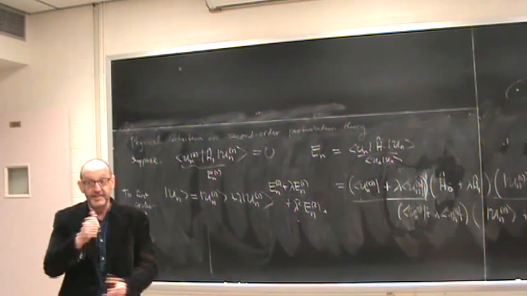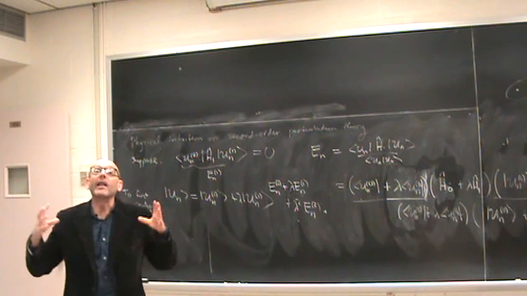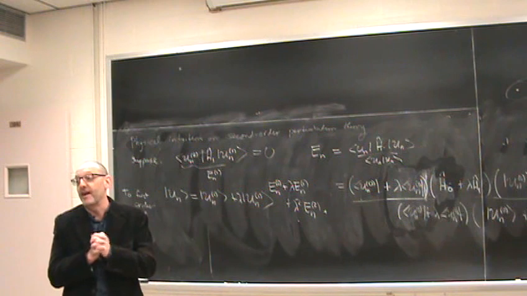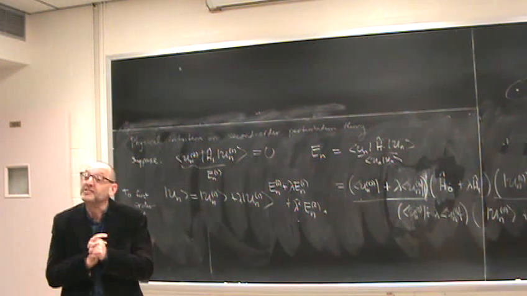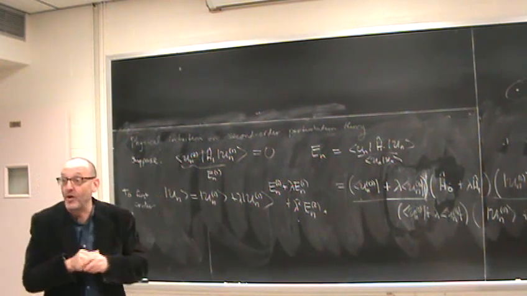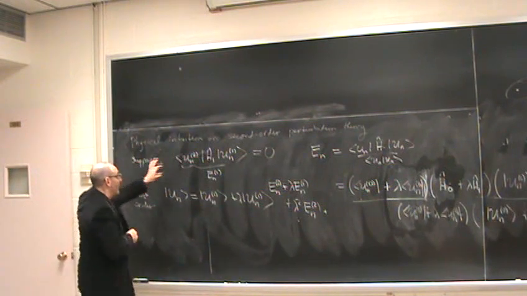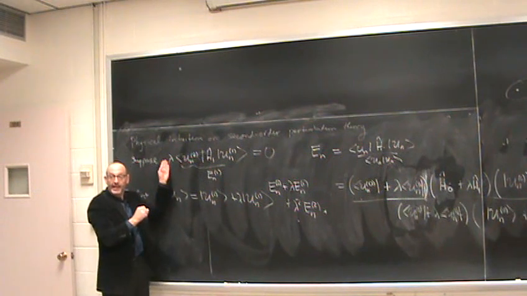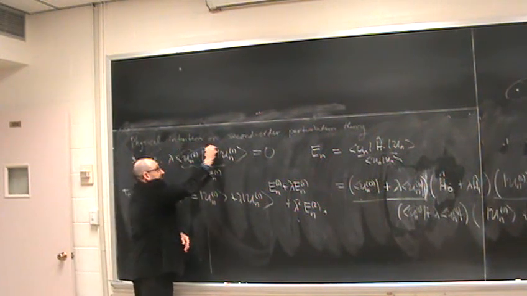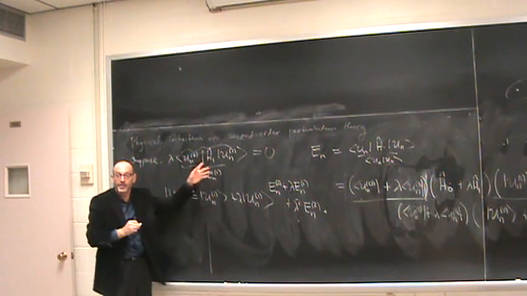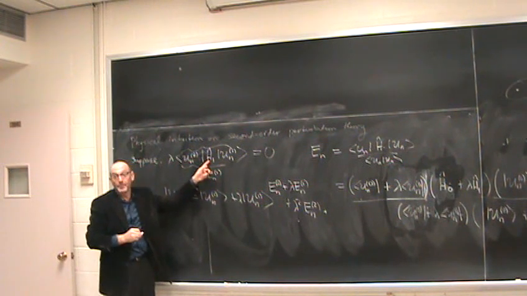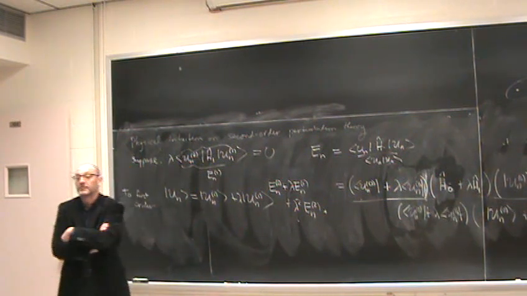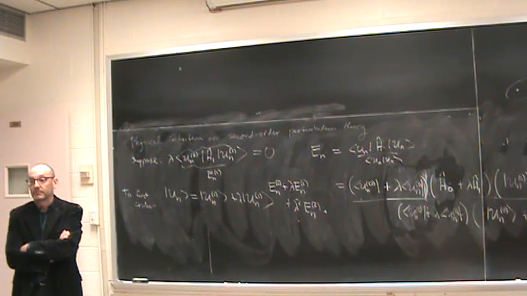Let me call that direction Z. Now I look at the expected value of that in the ground state of hydrogen. It's 0, no matter what the coefficient is. Even though it could be that there's some tiny lambda outside here, whether or not this is 0 depends on the symmetries of that Hamiltonian relative to that state. So it's not that the effect of H1 is small, it's the lambda out front that reduces it.